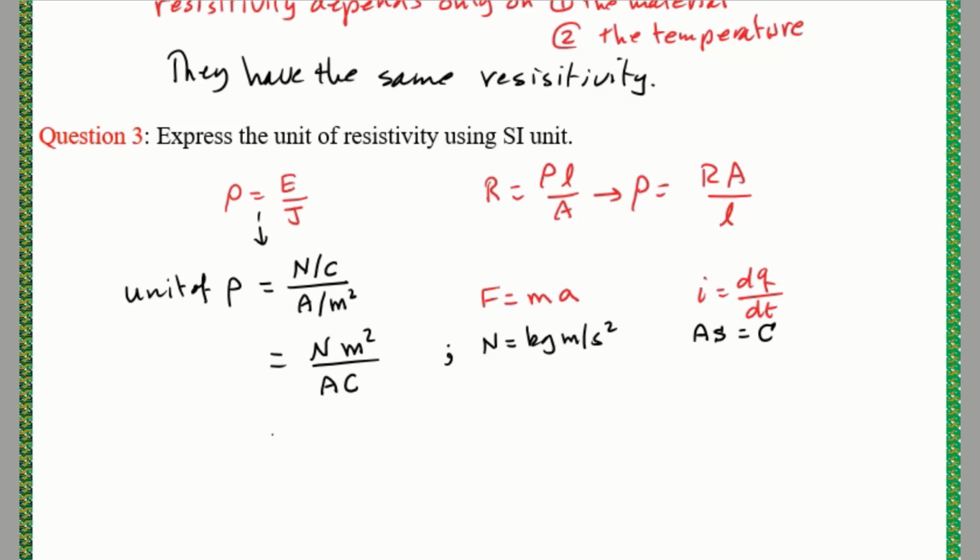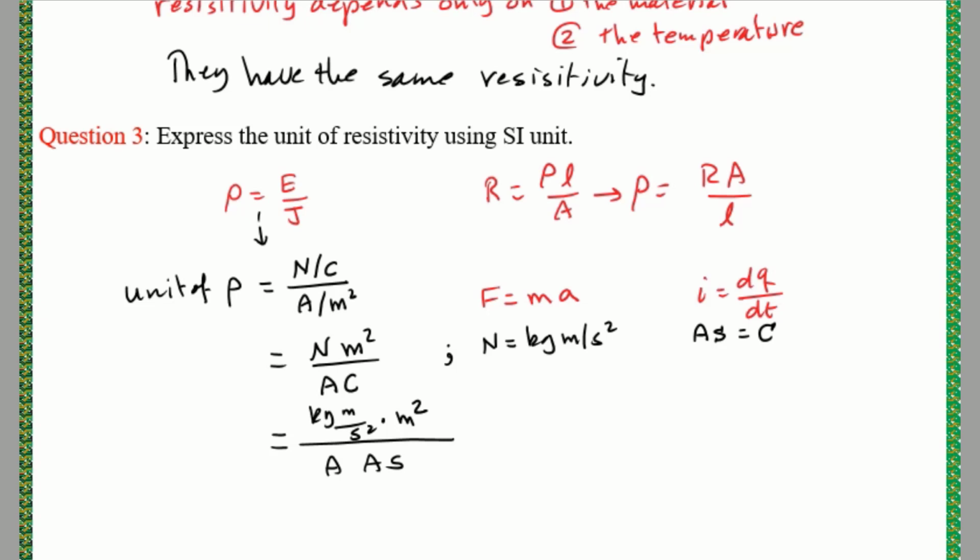Put this information in our formula. For the Newton, kilogram meter per second squared, and we have here meter squared, ampere. For the coulomb, we have ampere times second.